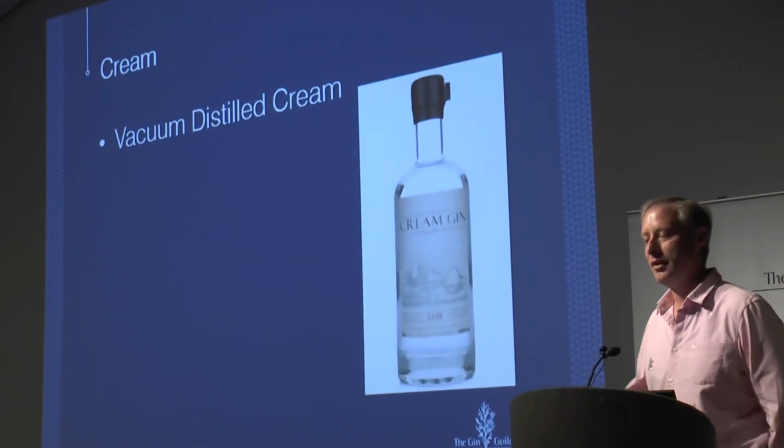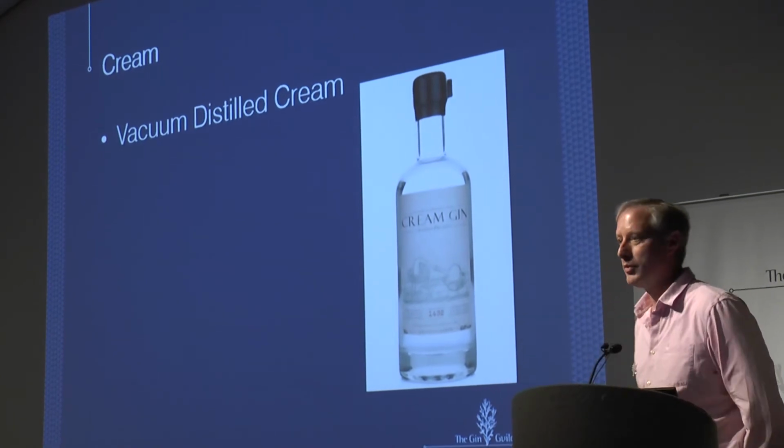They vacuum distill cream and then add that in a compound form to their gin to give more of a mouthfeel than anything. Nice creamy texture. I haven't actually tried it. In fact, Tristan's in this afternoon, maybe he'll bring a bottle.